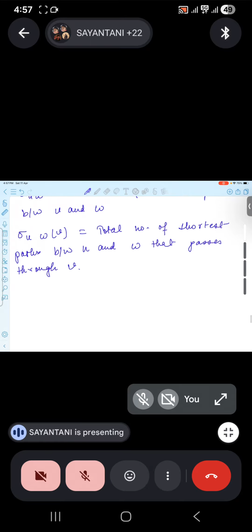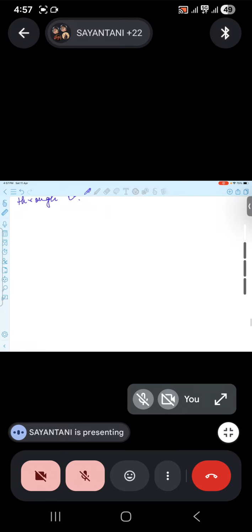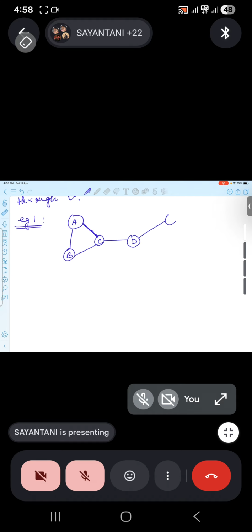Now let us take a small mathematical example to check how I would perform this. So let me first draw a sample graph. Okay, so suppose this graph is provided to me.